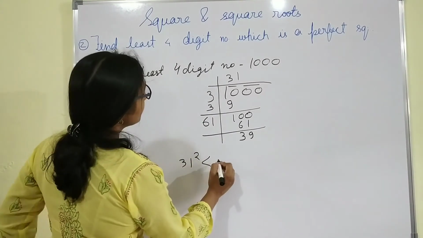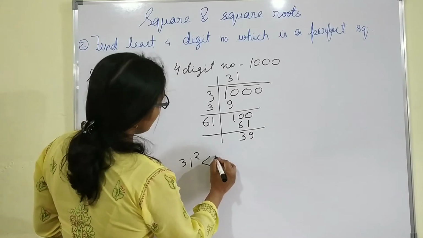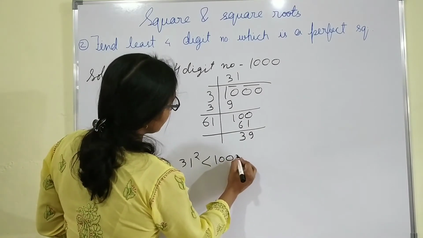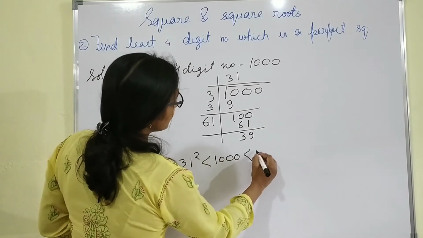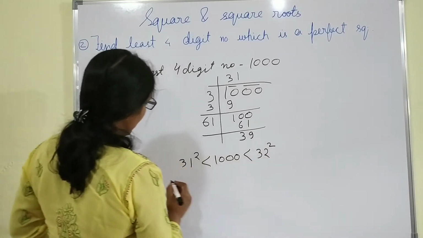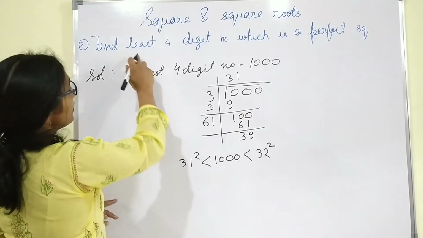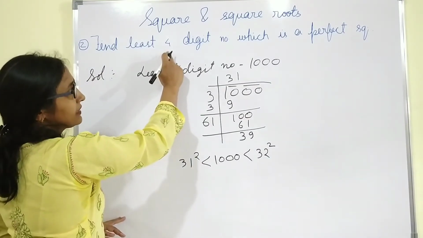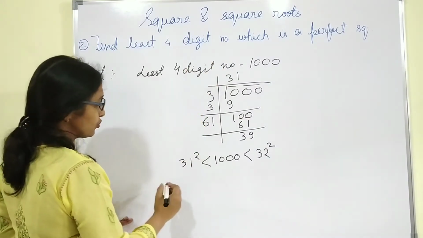So 31 squared is smaller than 1000 and 32 squared is 1024. So what must be added to this 4-digit number to make it a perfect square?